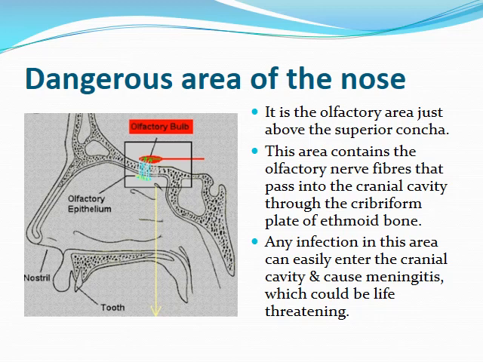Because this area contains olfactory nerve fibers that pass into the cranial cavity through the cribriform plate of the ethmoid bone. So any infection in this area can easily enter the cranial cavity through the cribriform plate and cause meningitis, which could be life-threatening. That's why this area is called the dangerous area of the nose.